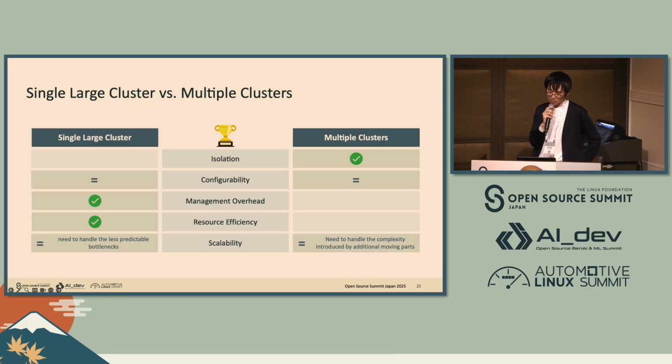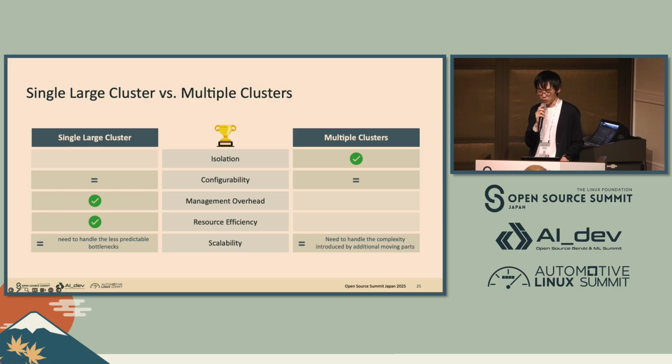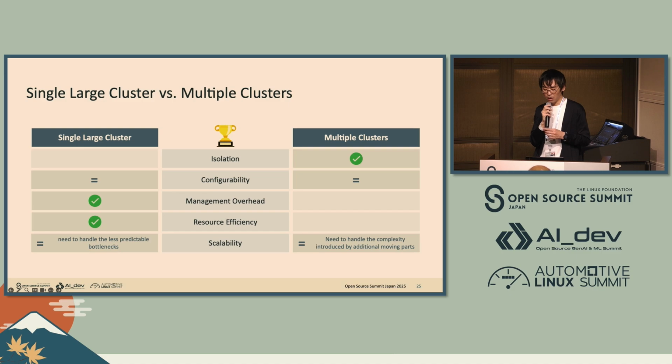For a single cluster model, the usual bottlenecks appear in the etcd or Kube API server or the network layer. So we need to address those limits as the platform grows. With a multi-cluster model, we can add more Kubernetes clusters before hitting those bottlenecks. Because of that, scaling tends to be more predictable.